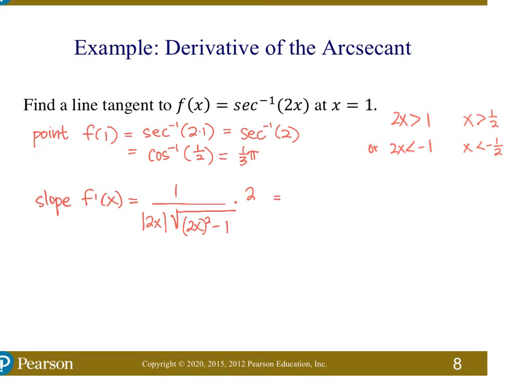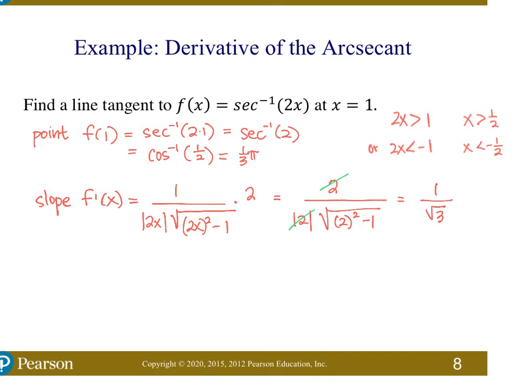So now at the number 1, I can simplify. So I'll have 2 as my numerator over the absolute value of 2 times the square root of quantity 2 squared minus 1. So I can reduce, because both of those by definition are positive. So 1 over the square root of 3.